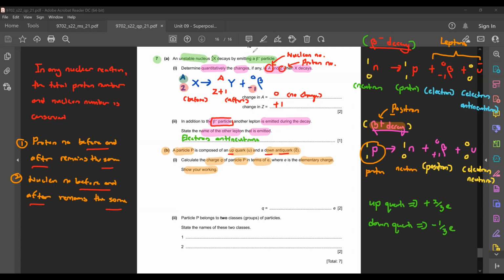Now, if you then move on to a down antiquark, it will actually be plus 1 over 3e. So what you should remember here is that antiparticles have opposite signs, but the same magnitude.